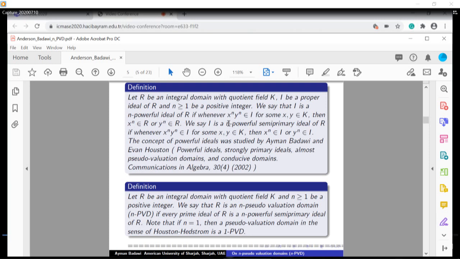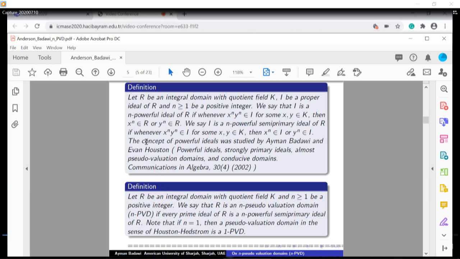For n-powerful, you require that x^n or y^n is in R, whereas for n-powerful semi-primary, I require x^n or y^n in I, whenever you have this condition.